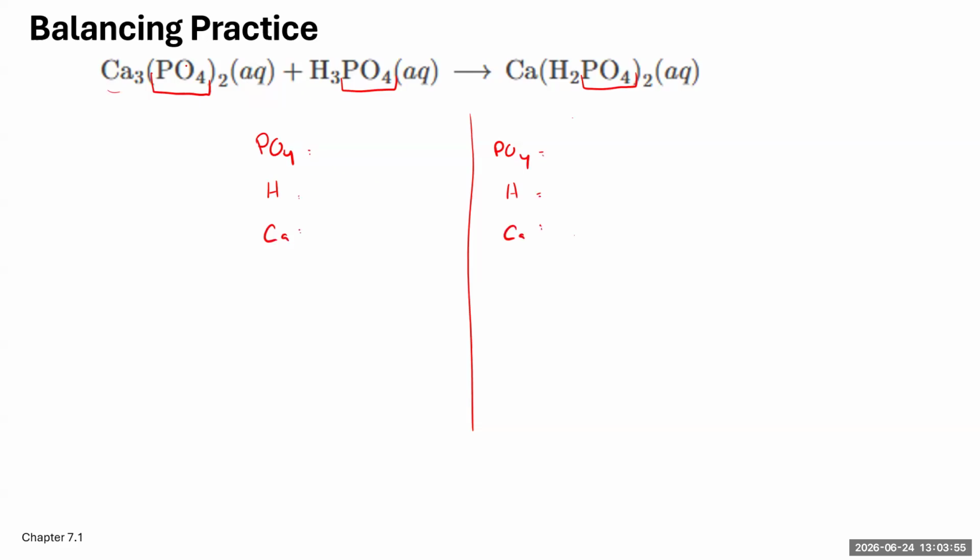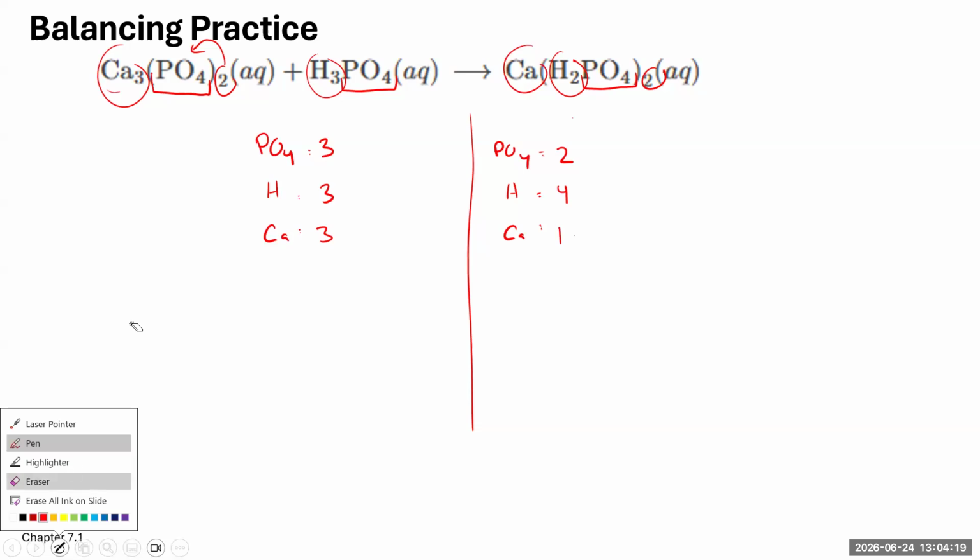All right. PO4 we have, since there's 2 here and then 1 here, we have 3 total. Here we have 2 total. Hydrogens we have 3. Hydrogens here we have 2, but there's 2 of those molecules, so we have 4 total. Calcium we have 3. Here, calcium we have 1.